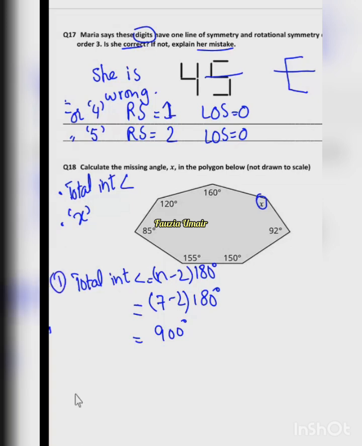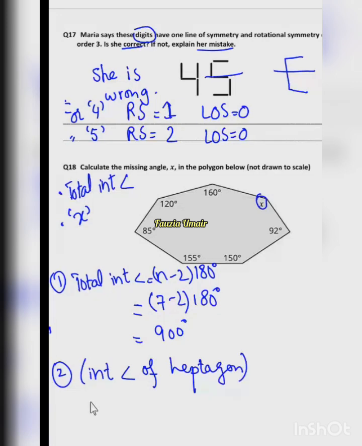Now to find x, I will use the property of interior angle. I will say if we add all these 7 angles, that would be equal to 900 degree. So the property of interior angle of heptagon or polygon you can write down.